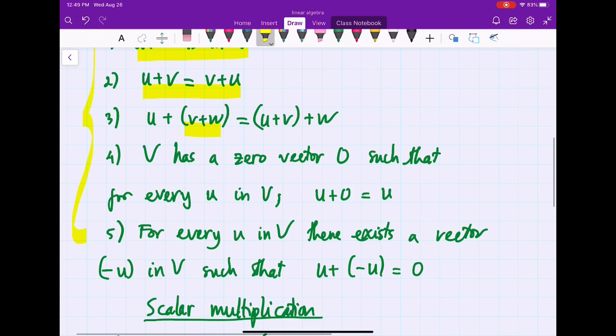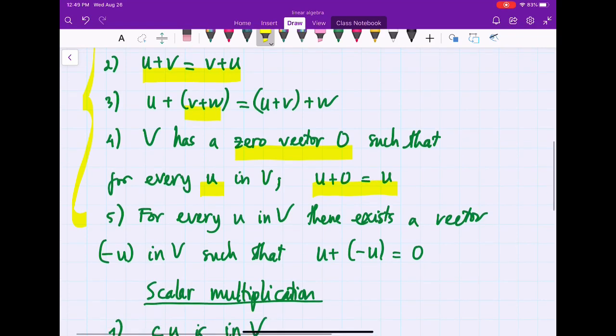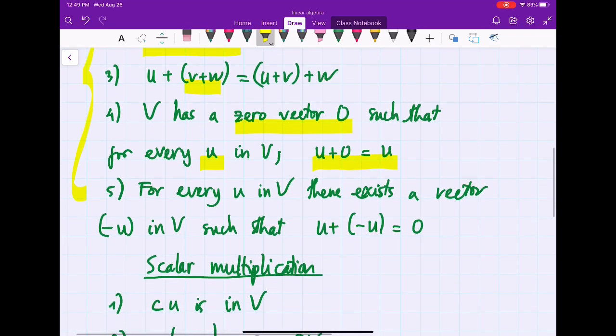And the fourth property is about the additive identity. That means there exists a zero vector such that for every u in V, u plus 0 is just u. So this plays the role of 0 for addition.